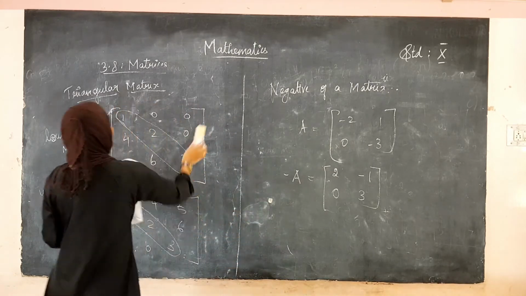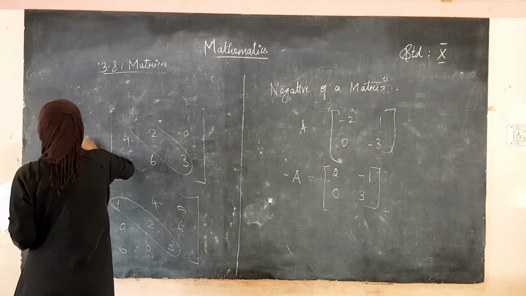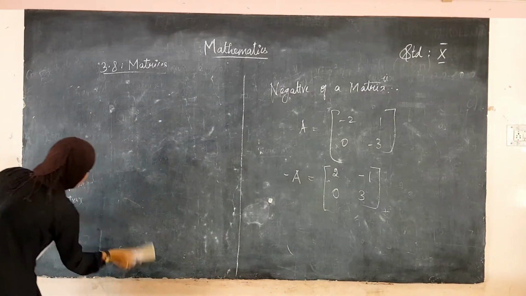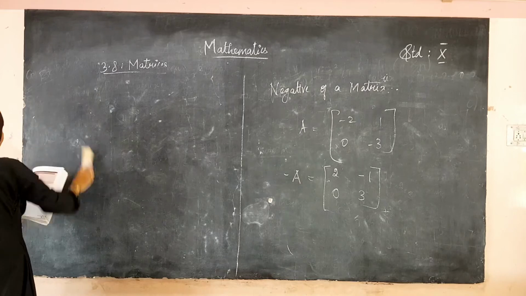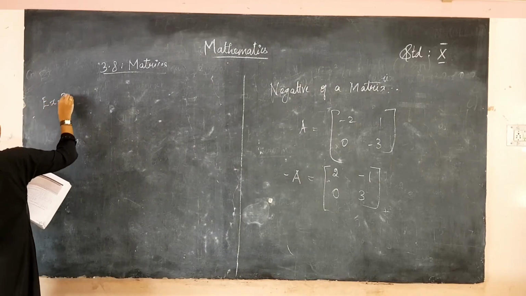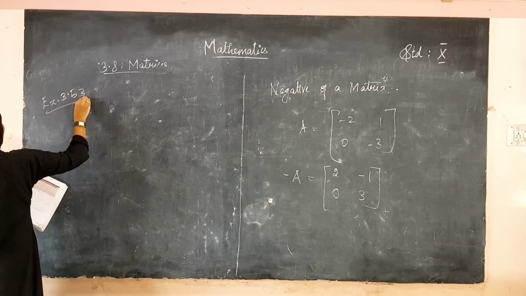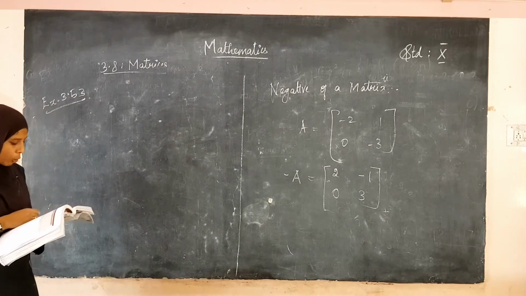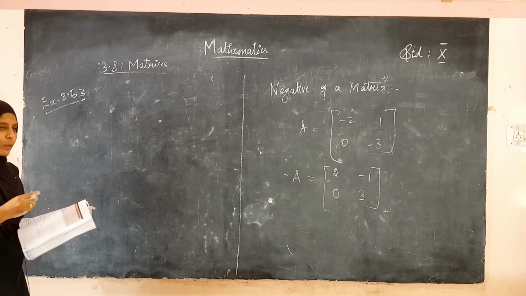Okay, with this we are completing the definitions. Now we are going to see the examples. Example number 3.53. What's the question? Consider the following information regarding the number of men and women workers in the 3 factories.